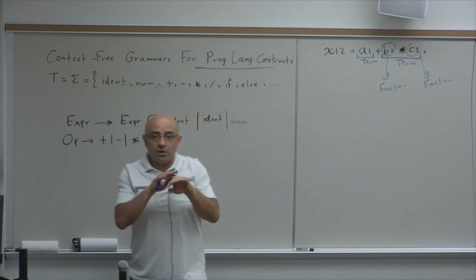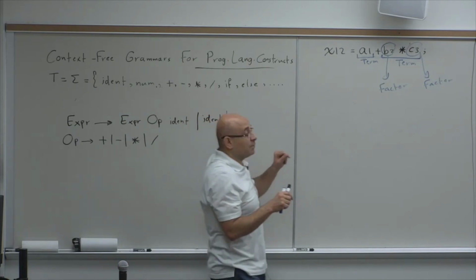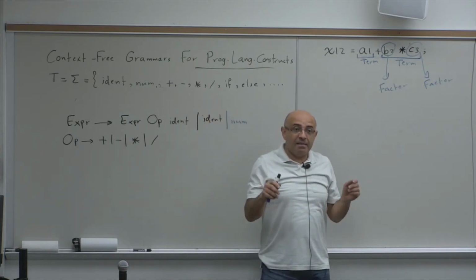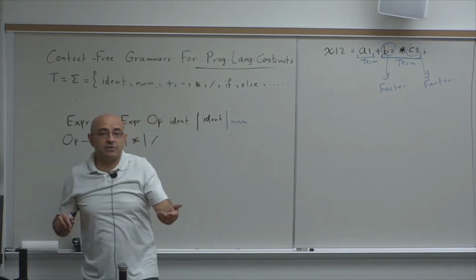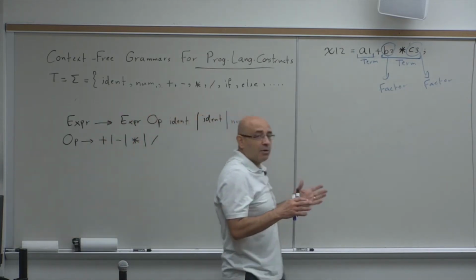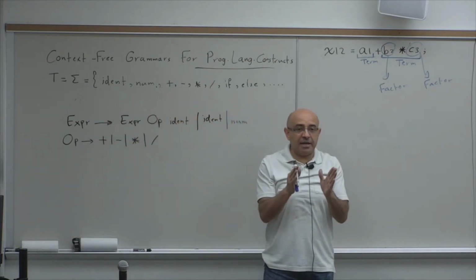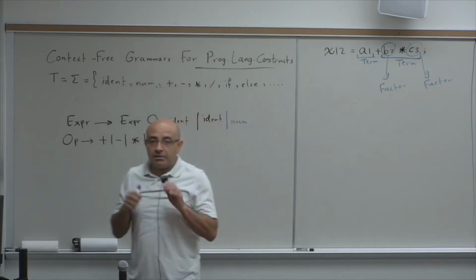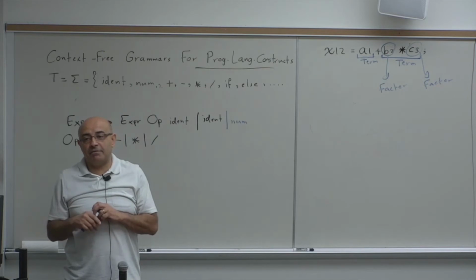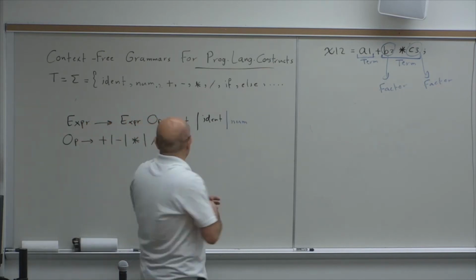The expression is defined in terms of terms. Then each term is defined in terms of factors. So in other words, an expression can have an arbitrary number of terms, and the term can have an arbitrary number of factors. So this is the solution.